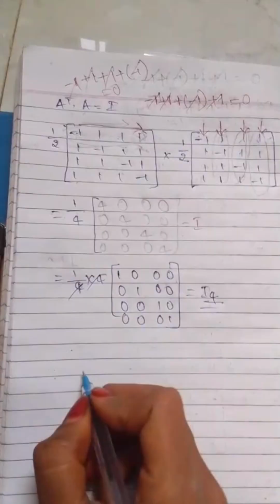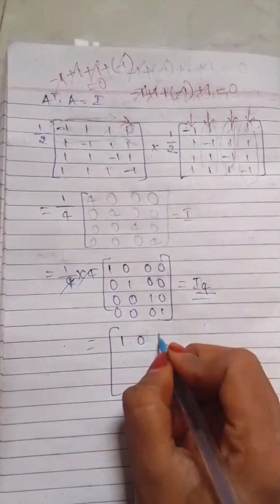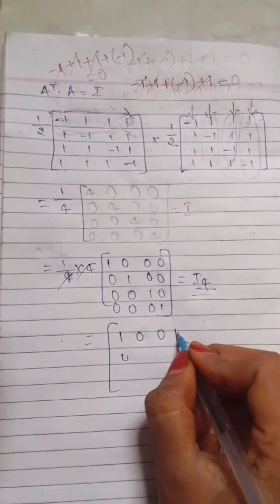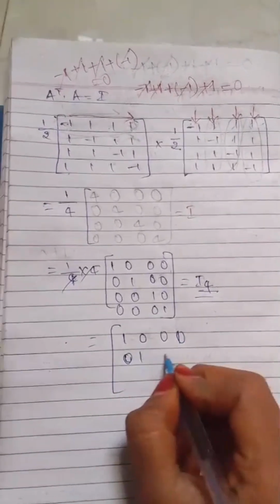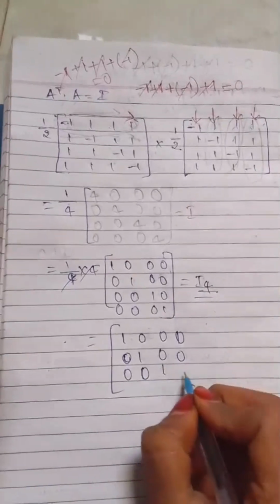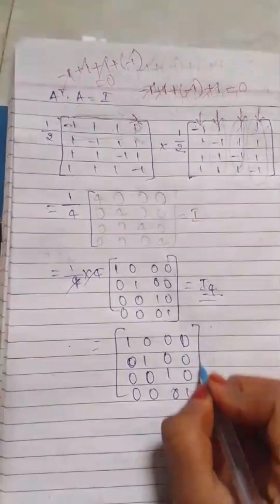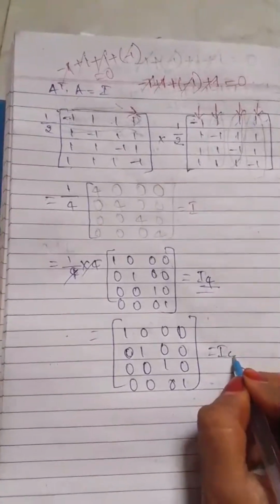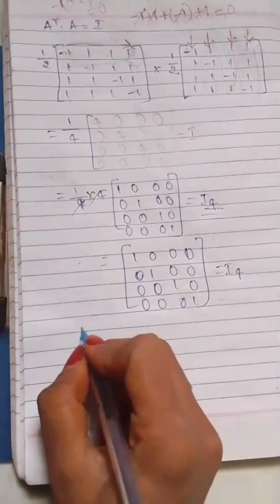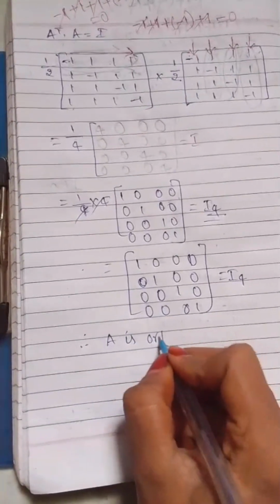Here 4 and 4 will get cancelled. This is the identity matrix. Hence A is an orthogonal matrix.